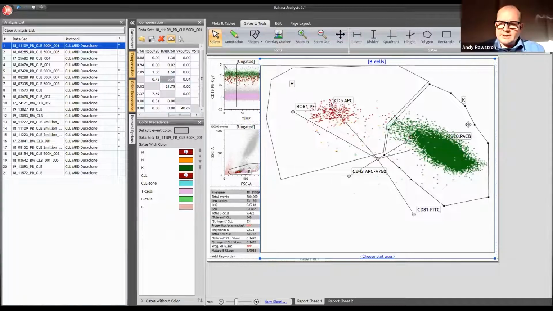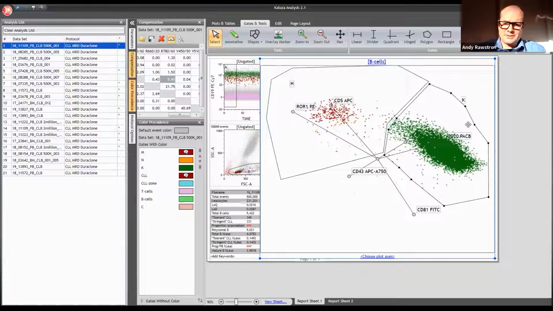Well, I think it's probably now one of our main key diagnostic markers, because if the case is ROR1 negative but has CD5 expression, then you're quite unsure of a diagnosis of CLL if there's no ROR1 expression. It's very unusual.